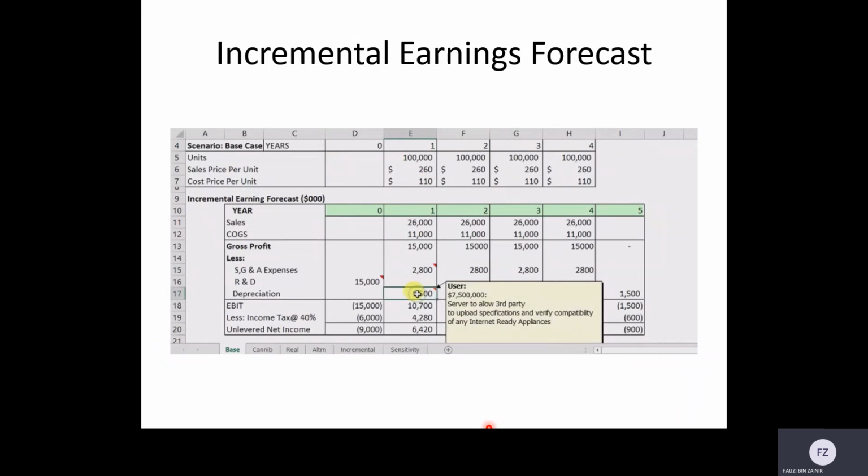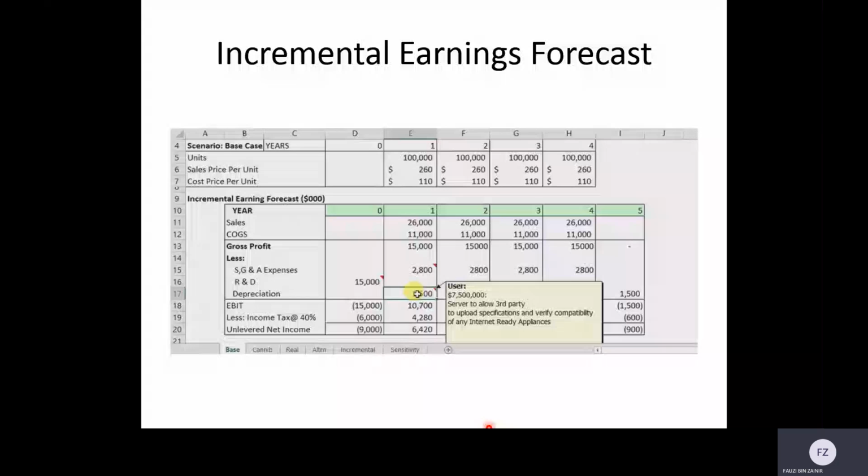And then as far as depreciation, we assume the server has a lifespan of 5 years. As you can see, the server is to allow third parties to upload specifications and verify compatibility of any internet-ready appliances. The software and the hardware in the server will cost around $7.5 million.